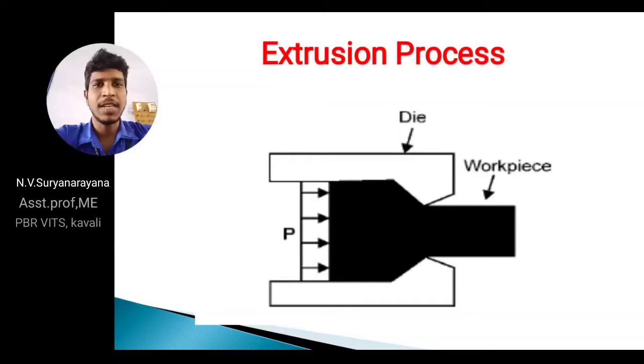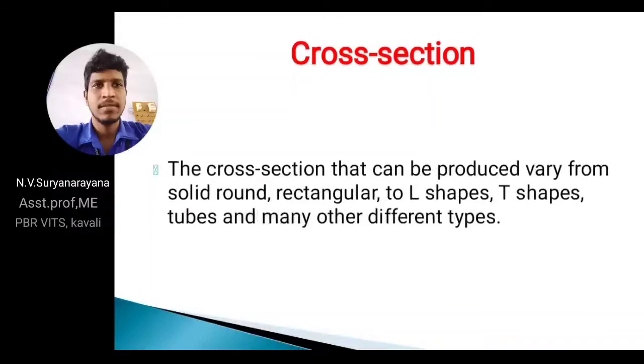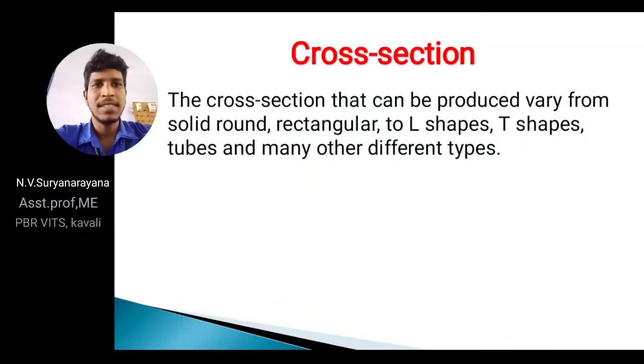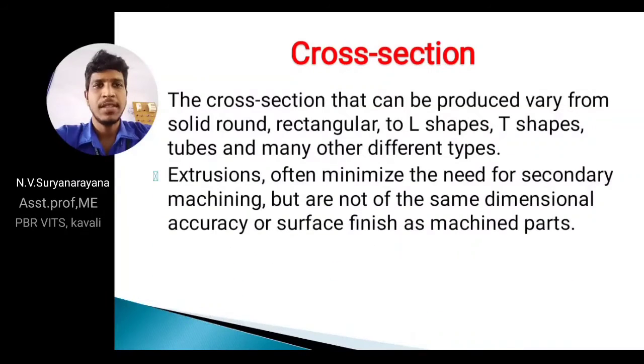Finally, we are collecting the output as an extruded product. The thickness is reduced. The cross sections that can be produced vary from solid round and rectangular to L shapes, T shapes and tubes for different types of applications.